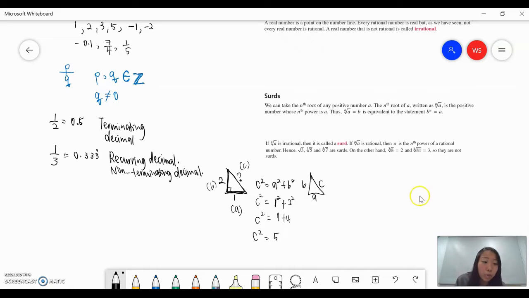After that, you need to find out what c is. Because this is a square, in order to remove the square, we use the square root. So c equals the square root of 5.